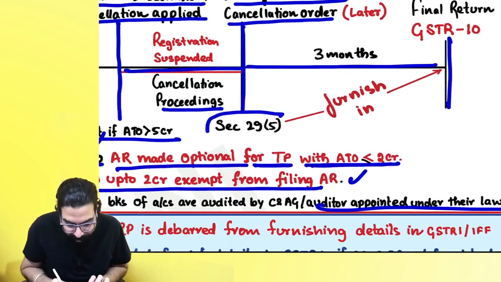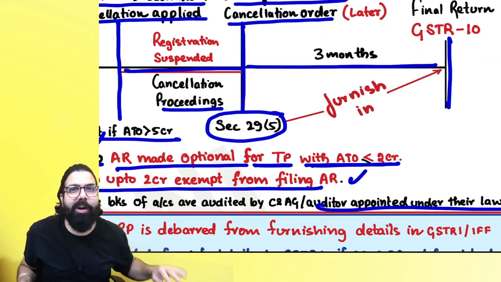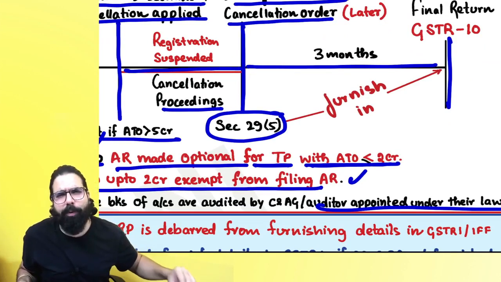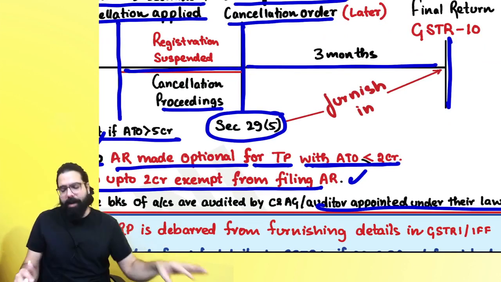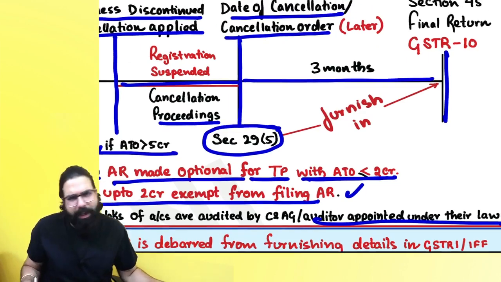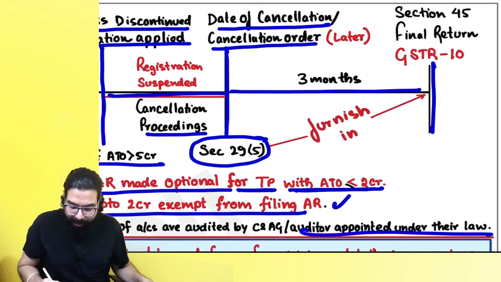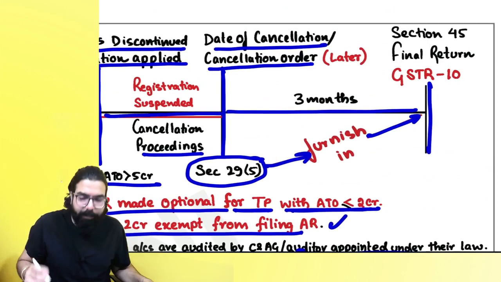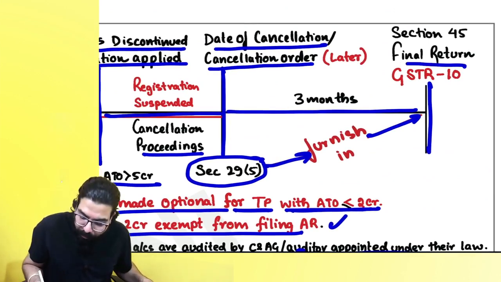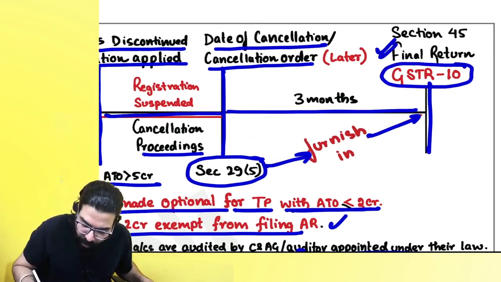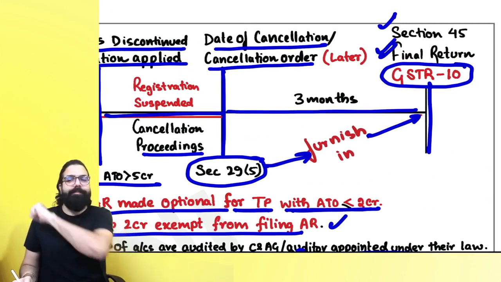Basically, as per section 29.5, whatever is your liability, tax, interest, penalty, whatever is your pending amount, you have to pay. Furnish the details, make the payment, and then file GSTR 10, which is your final return, the bye-bye return.